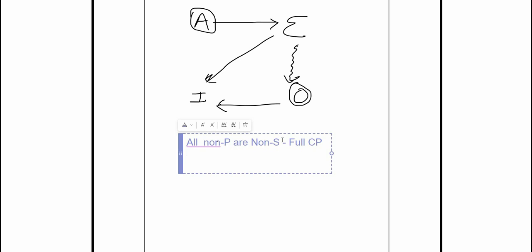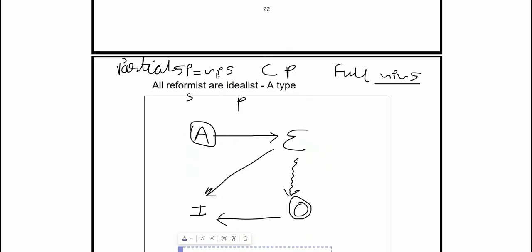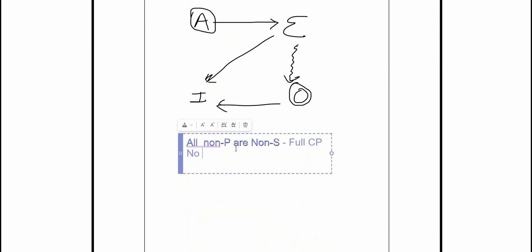And for converting it to partial contrapositive, we have to use E. E is no, and then non-P S. So no non-P are S. This is partial contrapositive. This is converted to E type, and the above one remains in A type.